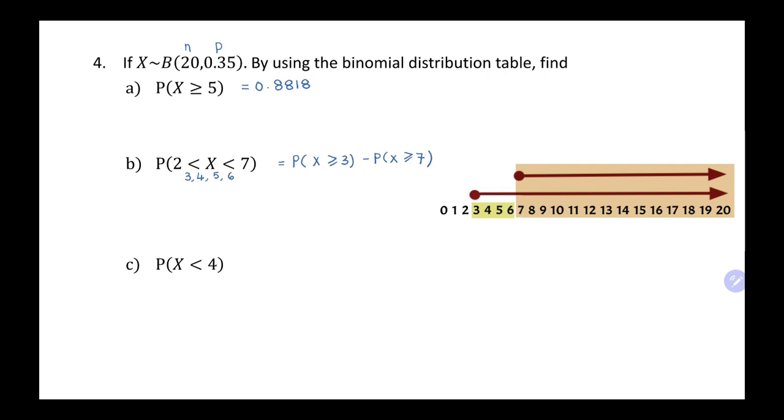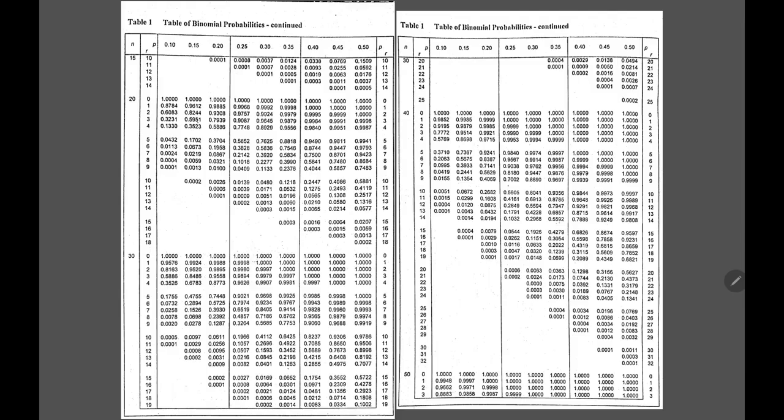Then we check the table. What is the probability for x greater than or equal to 3 and x greater than or equal to 7 for n equals 20 and p equals 0.35? So n 20, p 0.35 and r is 3. So we get 0.9879.